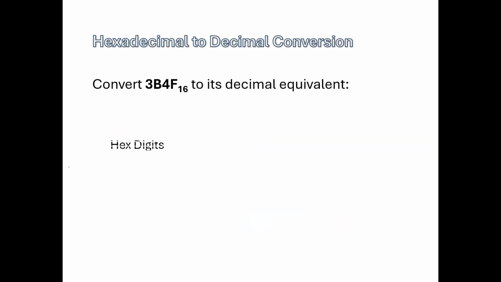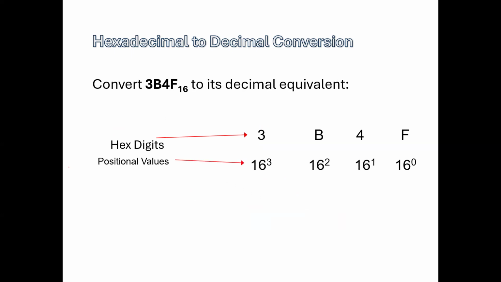How will I then convert from hexadecimal to decimal? So again, I will have to do positional values. So 16 raised to the power 0, 16 raised to the power 1, 16 raised to the power 2, 16 raised to the power 3. And then I'll multiply each by the digit which is at its position.